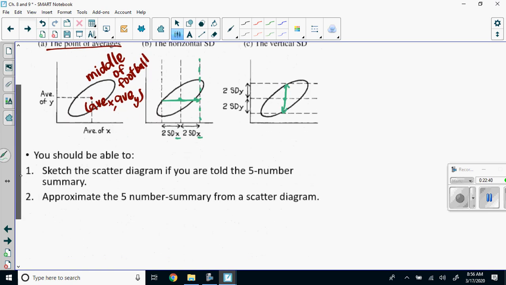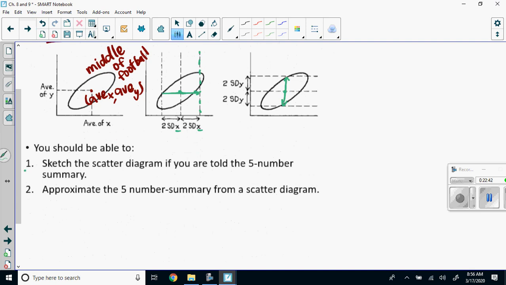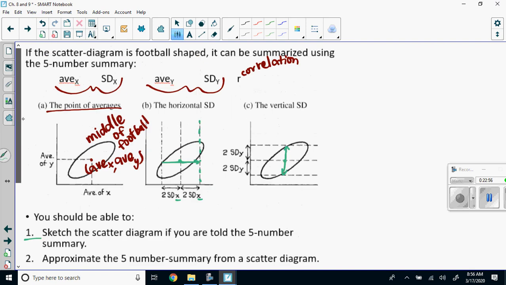With this 5-number summary, you will be able to sketch the scatter diagram if you're told the 5-number summary, and you'll also be able to go backwards, approximate the 5-number summary from a scatter diagram. So what that means is I'm going to give you this 5-number summary. I'm going to tell you the numbers for each of these, and you're going to be able to draw this football, what it should look like, based off of those 5 things.